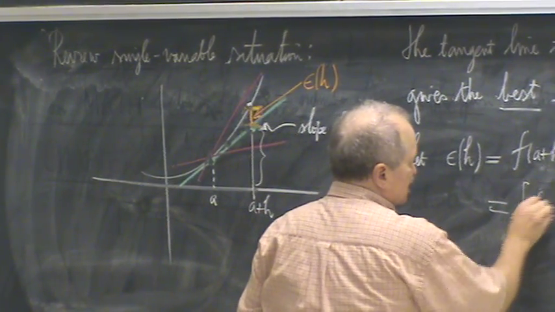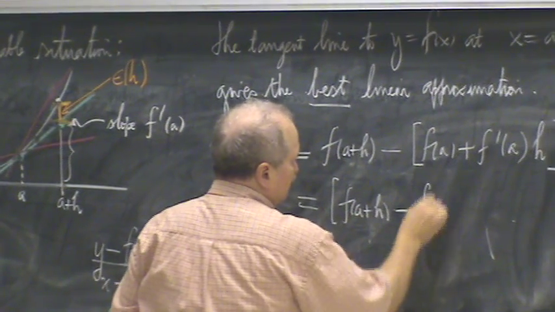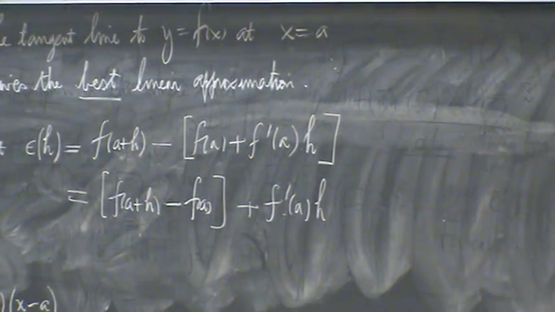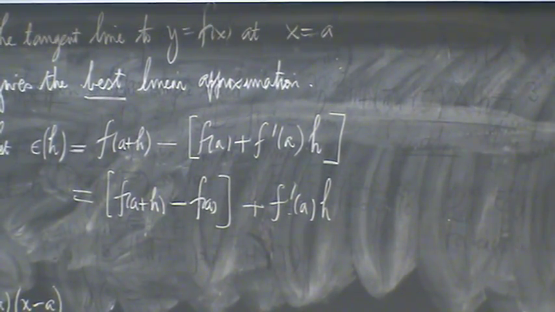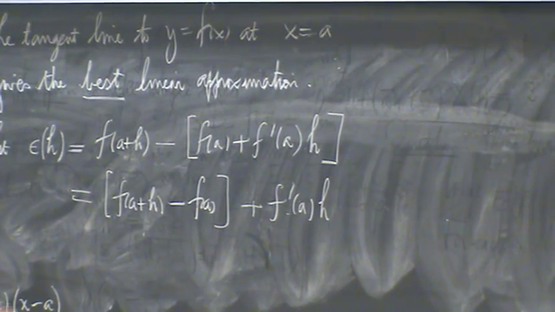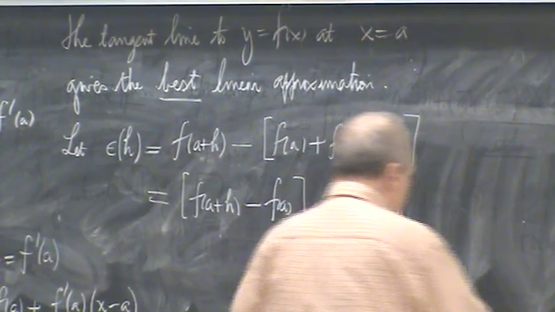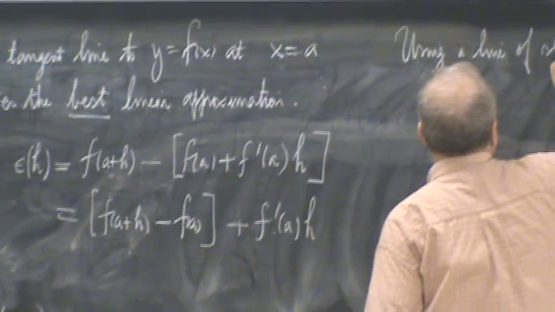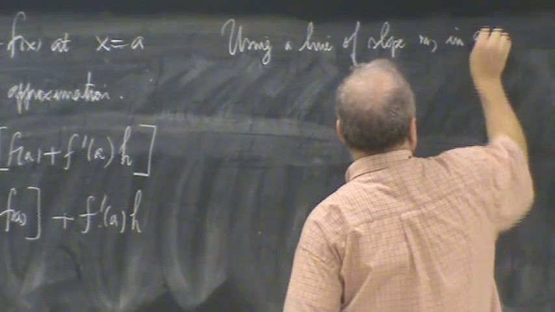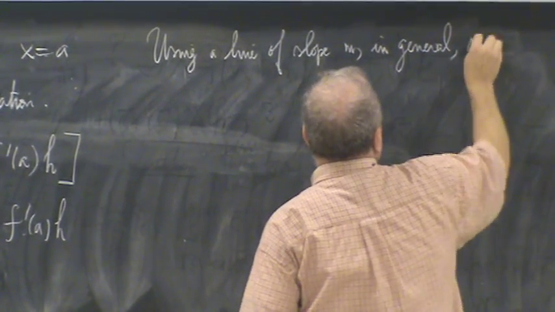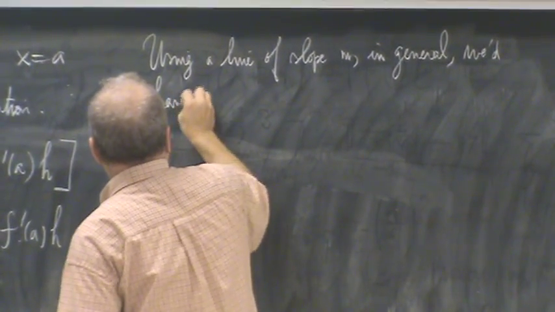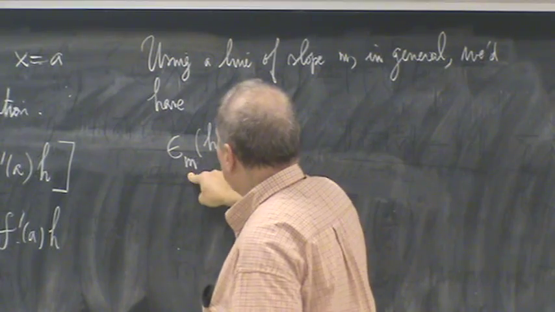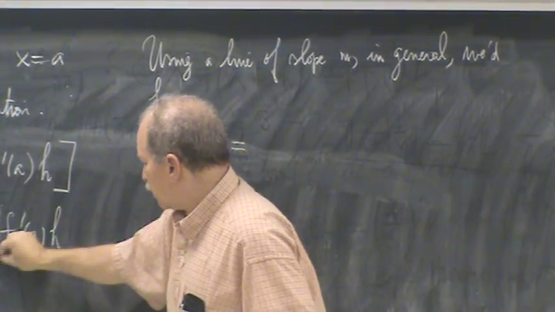But I'm going to rewrite this slightly in a way that might look more familiar to you. So this is the error you have using the tangent line. Suppose I put in a line of slope m. We have what for the error? If I put a little m for the slope, just to mark that I'm doing the slope m, I have the same thing, but an m here.